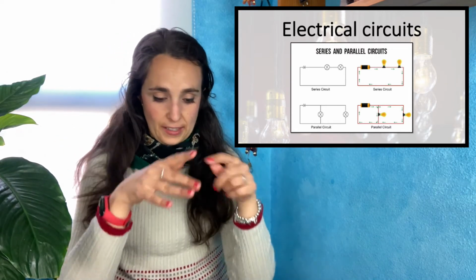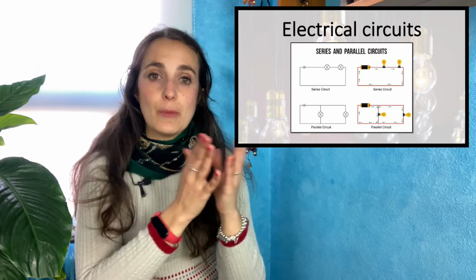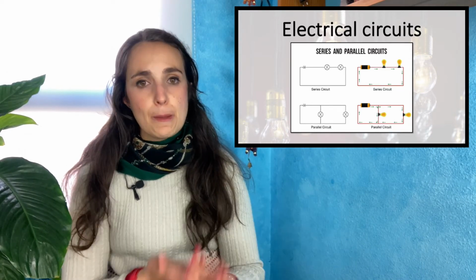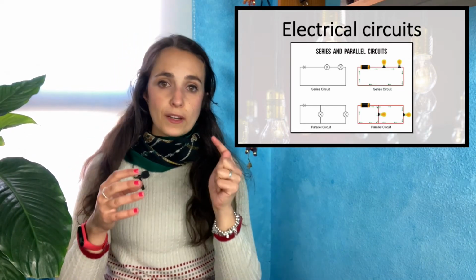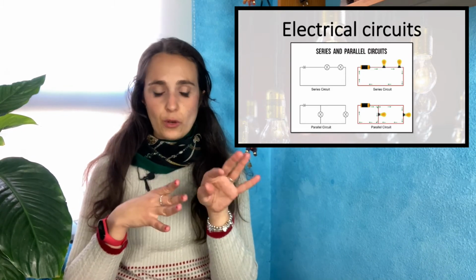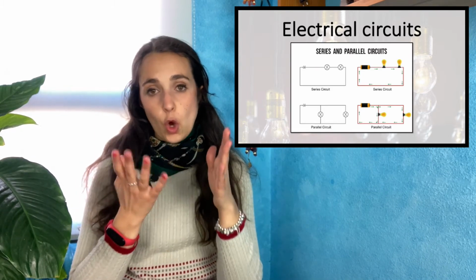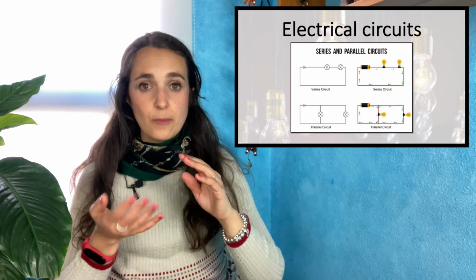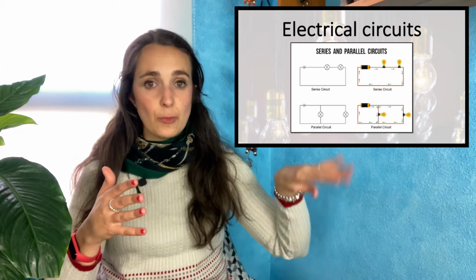Okay, if you see the design of a circuit, they will be parallel. The advantage of the parallel circuits is that if one part of the circuit is off or is cut and open, electricity won't pass through there, but still will pass through the other parts of the circuit.